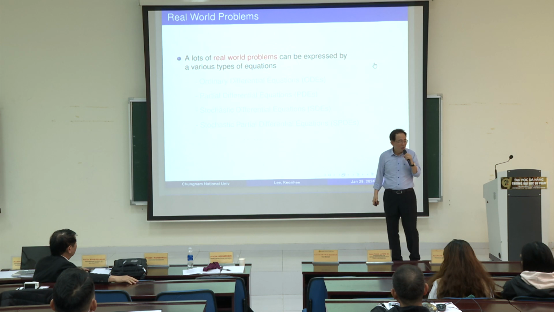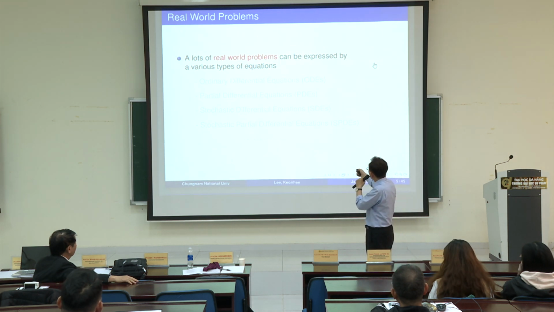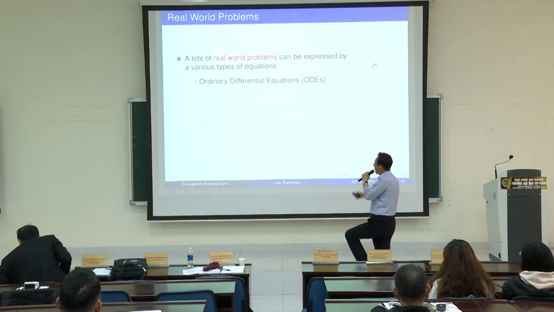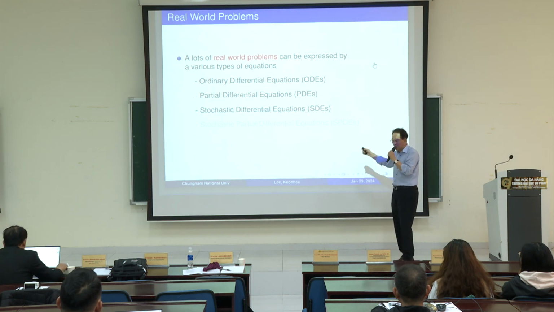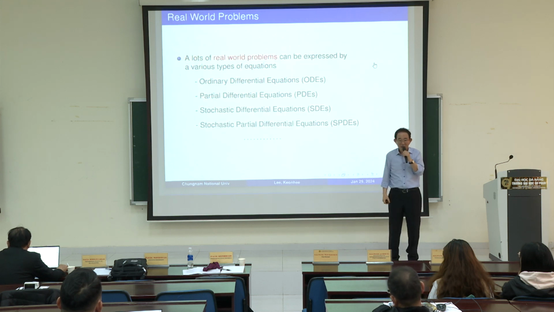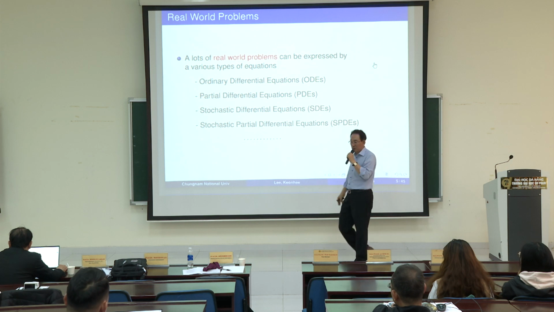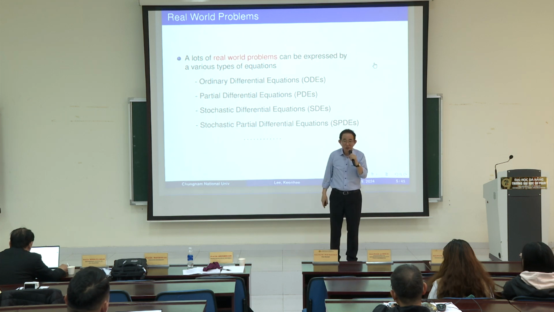Look here, a lot of natural, real-world problems can be expressed by various types of equations. Sometimes ordinary differential equations, partial differential equations, stochastic differential equations, stochastic partial differential equations, etc. Of course, functional equations, many equations, depending on the situation.